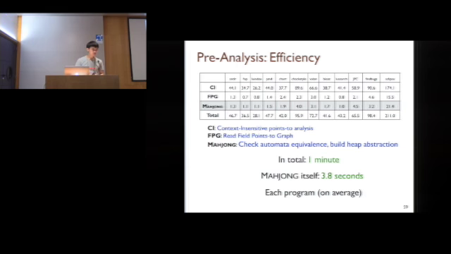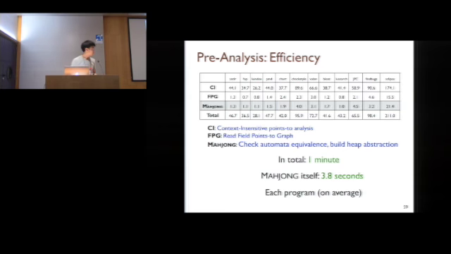For efficiency, this table gives the pre-analysis time, which consists of three parts. CI for context-insensitive points-to analysis, FPG for reading the field points-to graph, and MAHONG for MAHONG itself, which checks automata equivalence and builds the heap abstraction. And these numbers are in seconds.